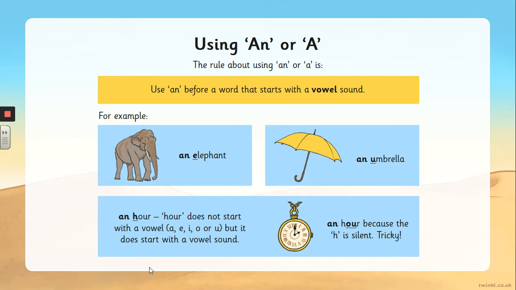Hour does not start with a vowel, but it does start with a vowel sound. Hour sounds like the OU sound. So it is a little bit trickier because there are certain words which don't begin with a vowel but do have a vowel sound. Generally, we look at does it begin with a vowel, does it have a vowel sound, to make it a little bit easier for us.